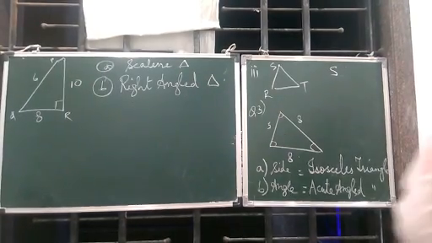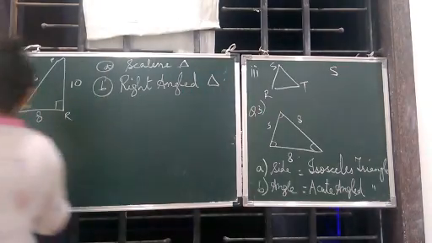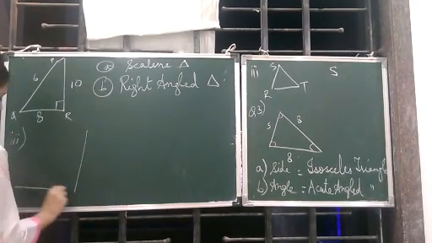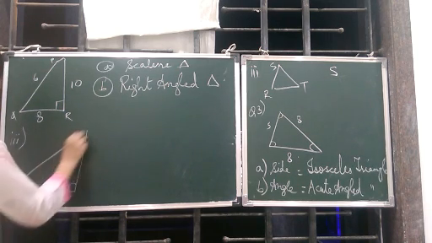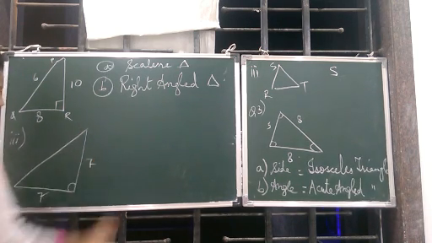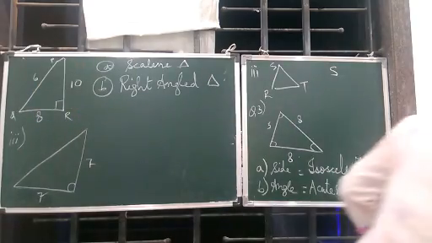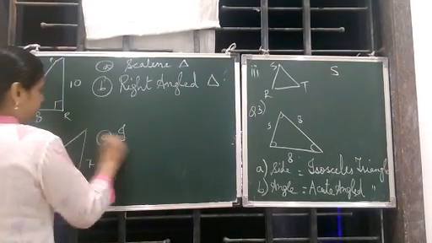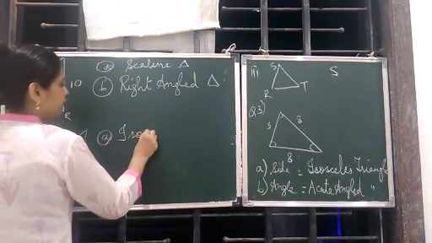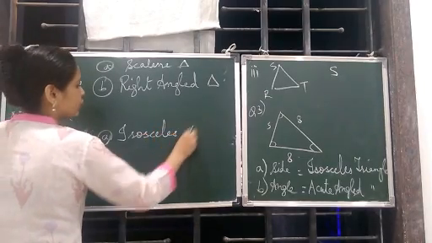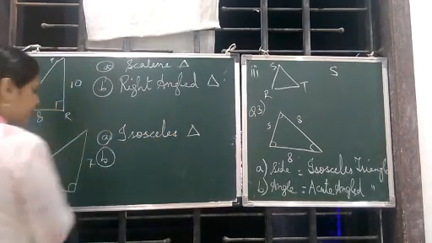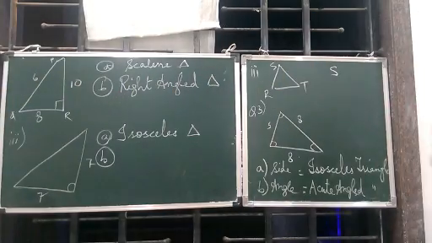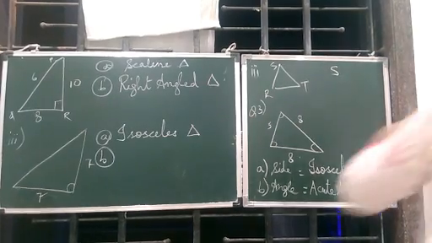Then comes the third one. Seven and seven it is written. So according to the sides, two sides are same. So isosceles triangle and this is obtuse.